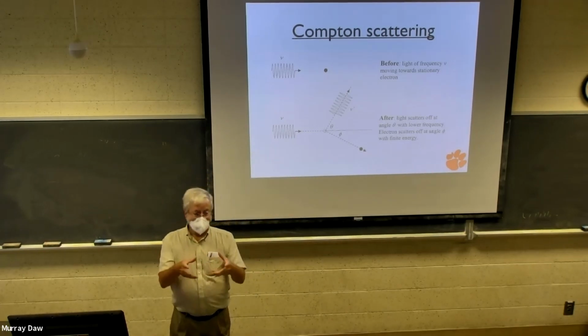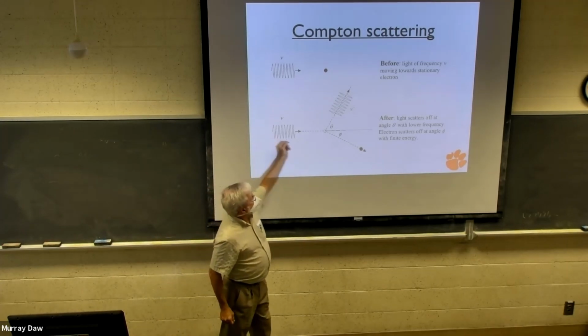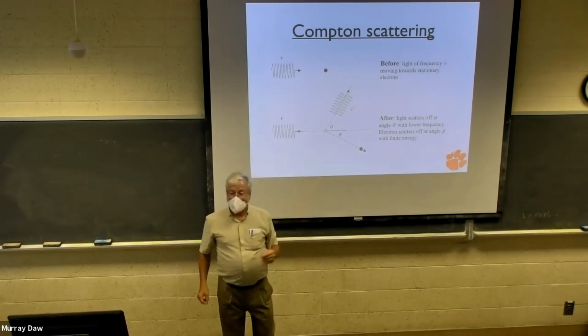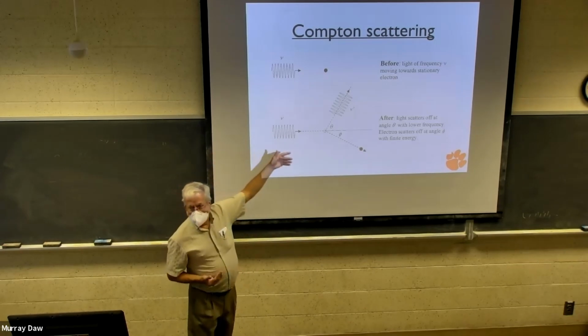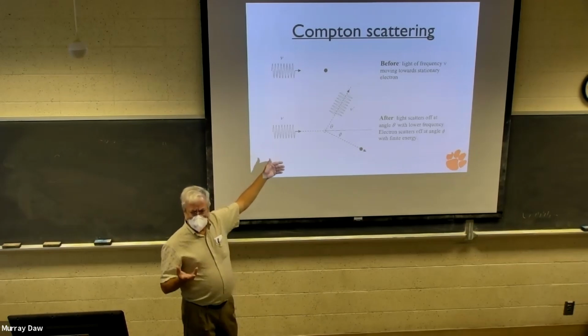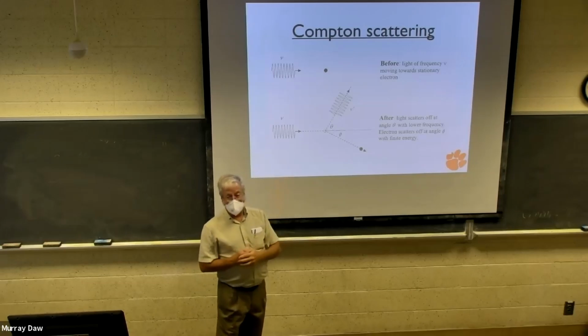In this case, the electrons were in the atom, and he was able to analyze the energy of the light after the scattering, and it was consistent with light being a particle, not just a wave. This is really strange. This finally jarred people's thinking about quantization of light.